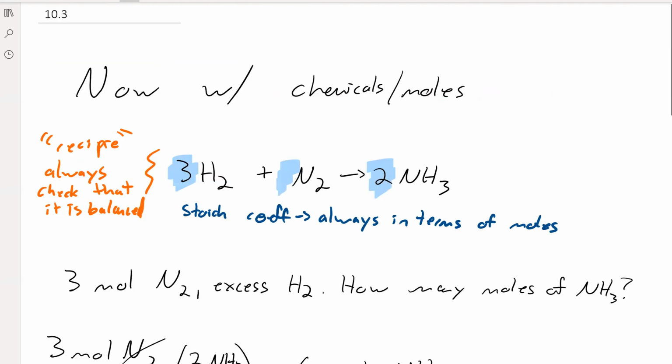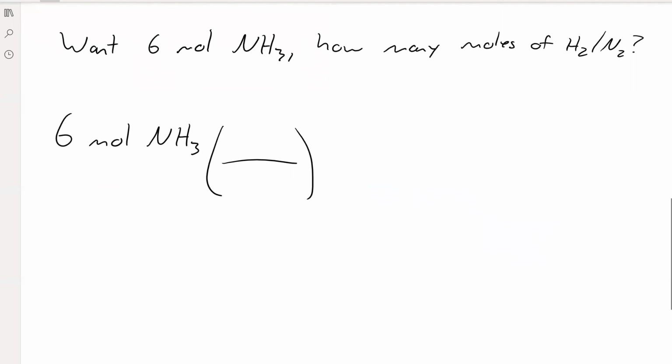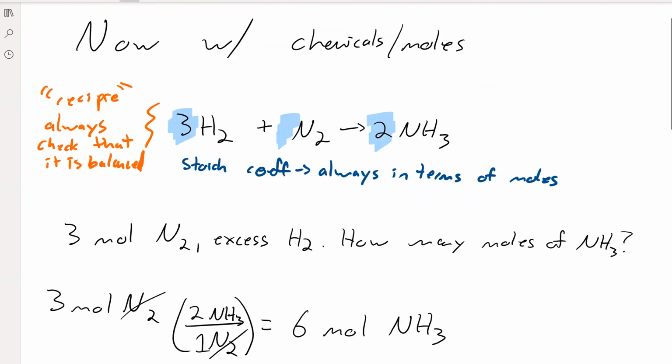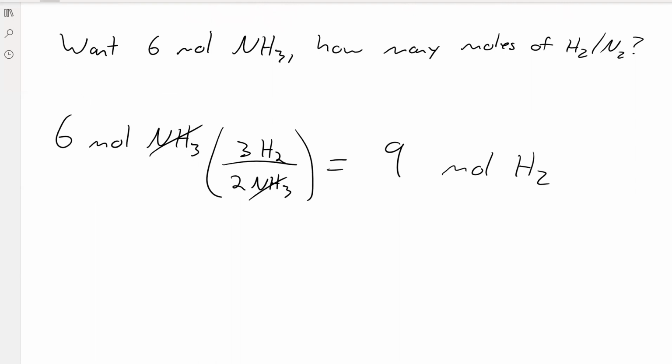In front of the NH3 is a 2. So 2 NH3 will go here. And then we just need to convert it. In front of the hydrogen is a 3. So we can do 3H2. Cancel, cancel. And then we're left with moles of H2. Go ahead and do the math. You should require 9 moles of hydrogen to make 6 moles of ammonia.